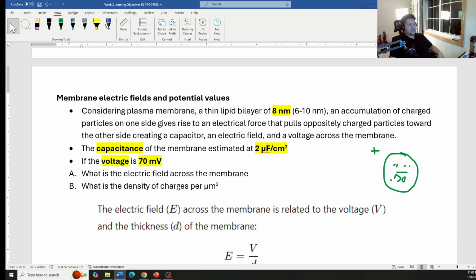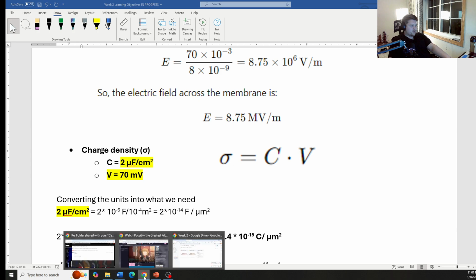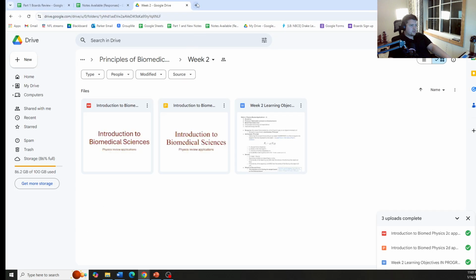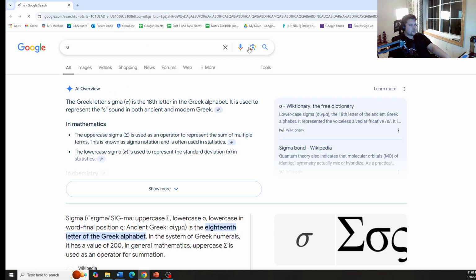The next thing he asked about was the density of the charges, which I was a little taken aback by. Nowhere beforehand does it talk about density, so I had to look up this equation. Our charge density is measured by this Greek symbol. I don't even remember what this symbol is specifically called. Sigma.